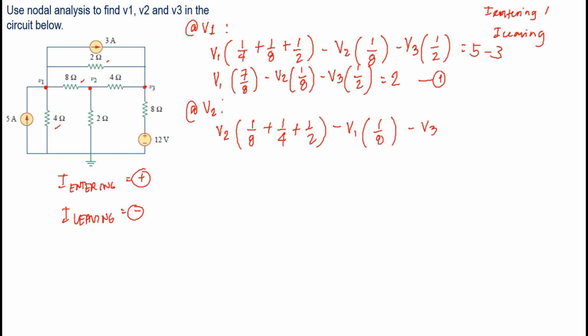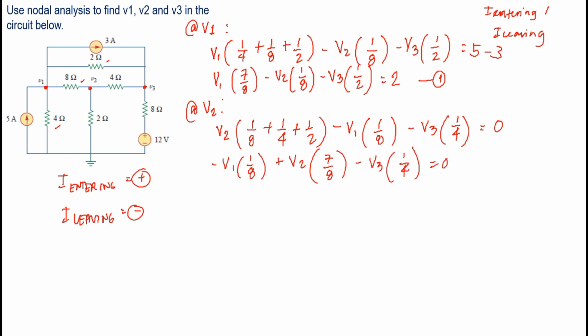Also V3, common resistor is 4. And we don't have any current source entering or leaving this node. Therefore, this is equal to 0. Then, let's just rearrange. So, this is V1 times 1/8, V2 is 7 over 8, and V3 is 1/4, equal to 0. And this is our second equation.